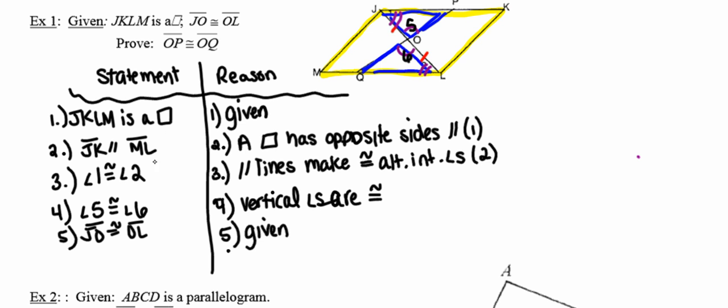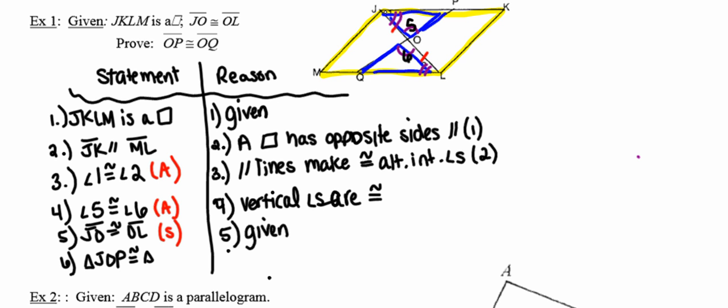So at this point, I've talked about two pairs of congruent angles. I've discussed a pair of congruent sides. Now I'm all set to go ahead and draw the conclusion that those triangles are congruent. And when I name the triangles, I'm going to be very careful to align or match up their corresponding parts.